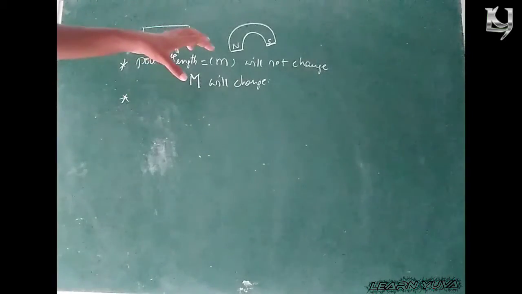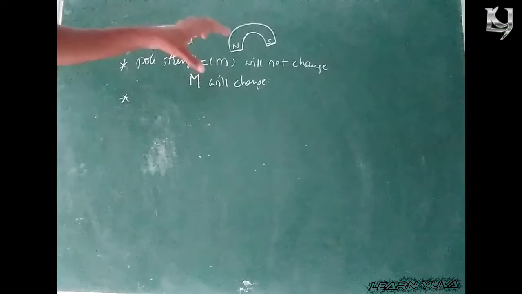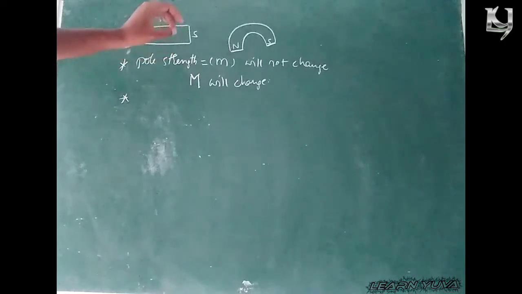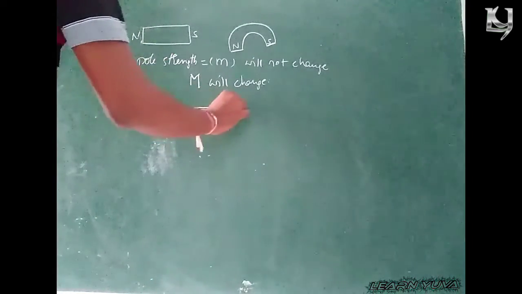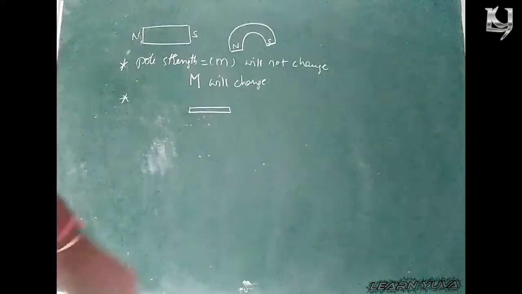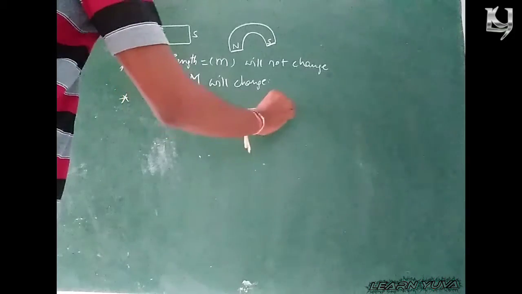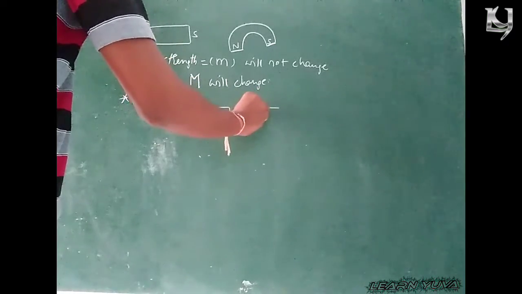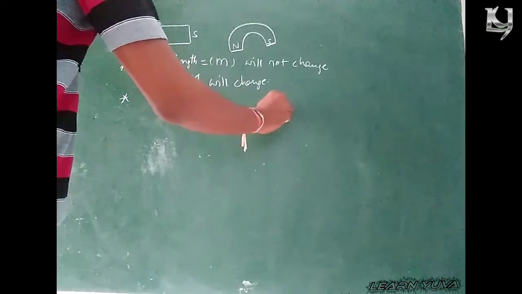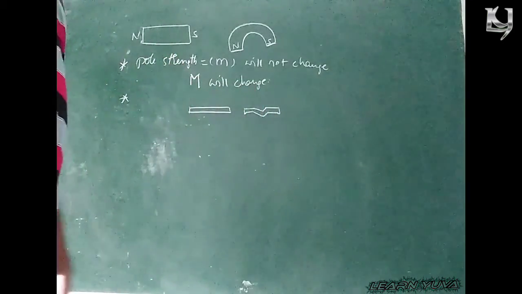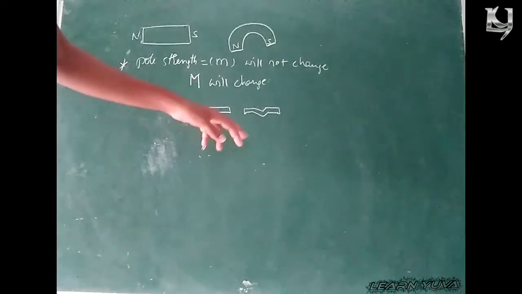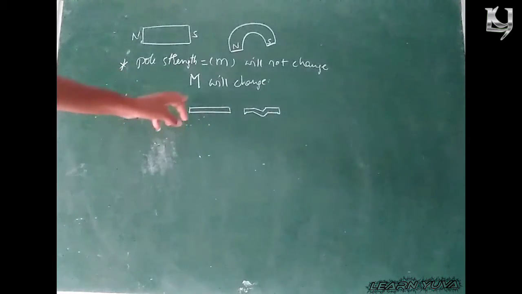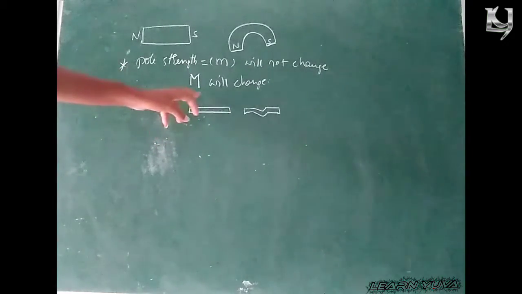When a thin bar magnet of magnetic moment M is bent at the middle, exactly at the middle, like this, then in this case the pole strength will not change.